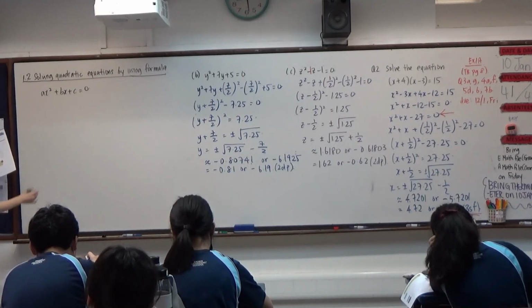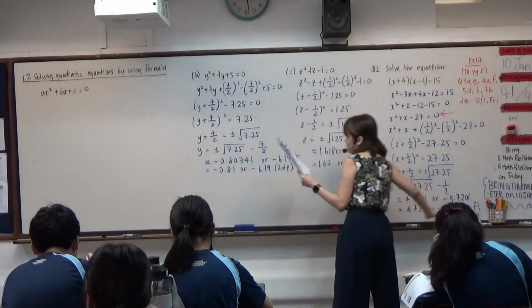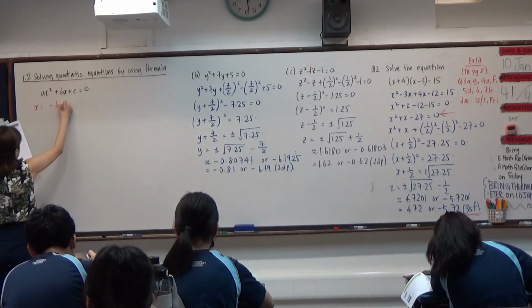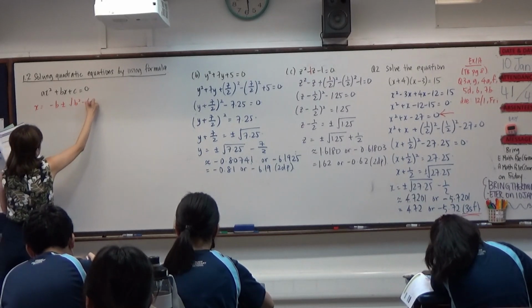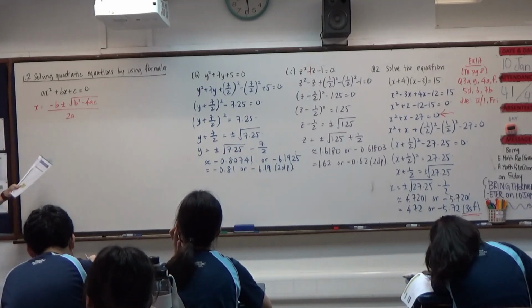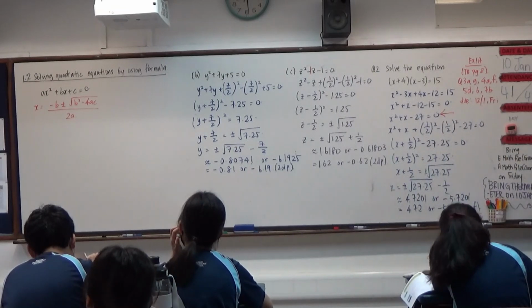Therefore, the formula that we will get eventually will be negative b plus minus square root of b squared minus 4ac, divided by 2a.